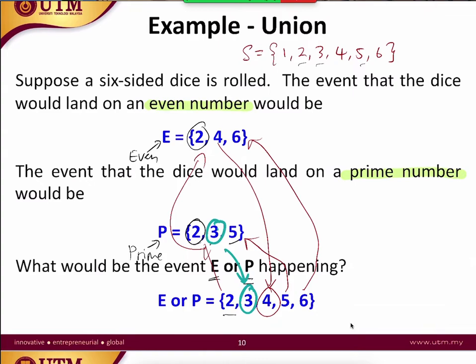So we put together all the possible outcomes if we get an even or a prime number, and this will be the answer. You can write it as E union P, and your answer. Usually for exams, if you have this type of question, make sure you answer it using the symbol. Don't try to avoid using this. So it's either E or P.